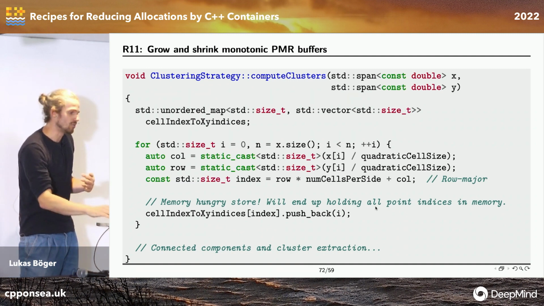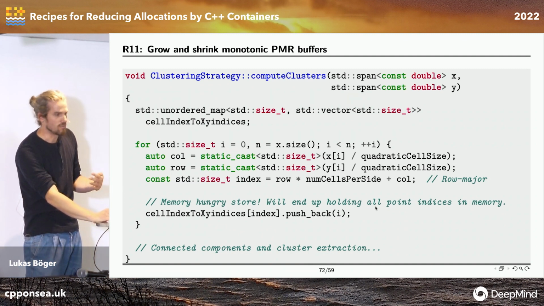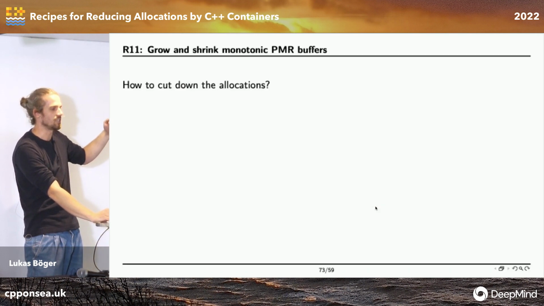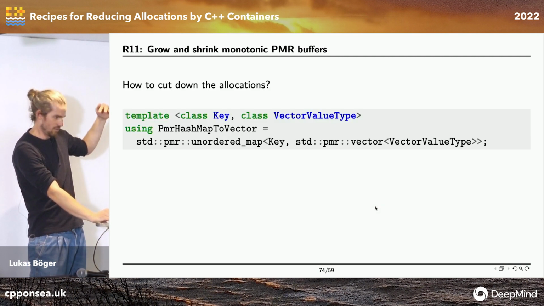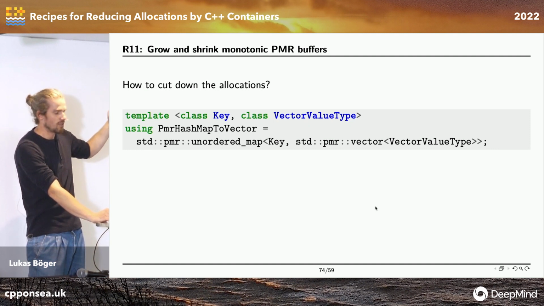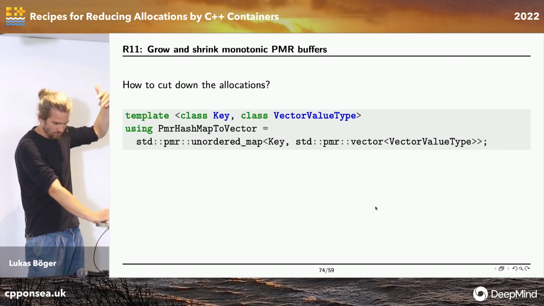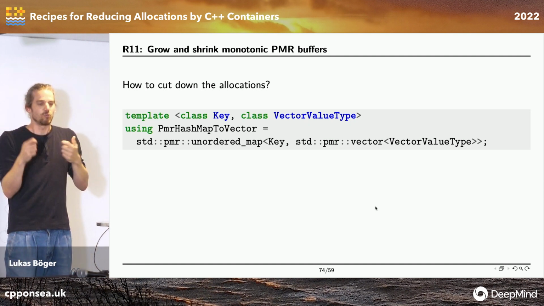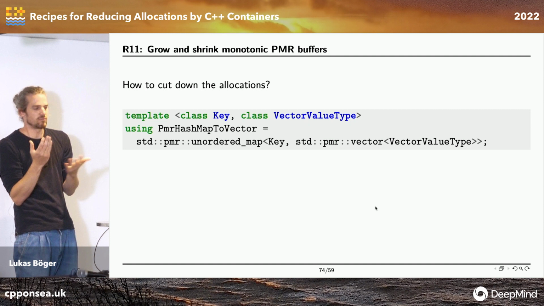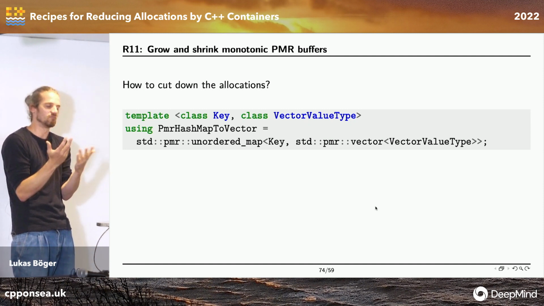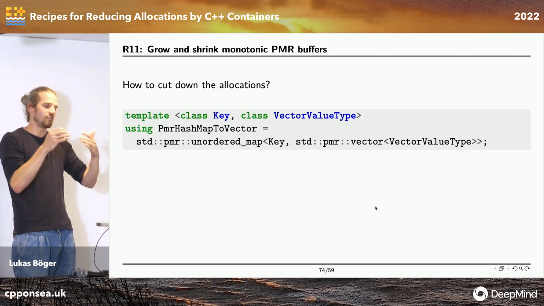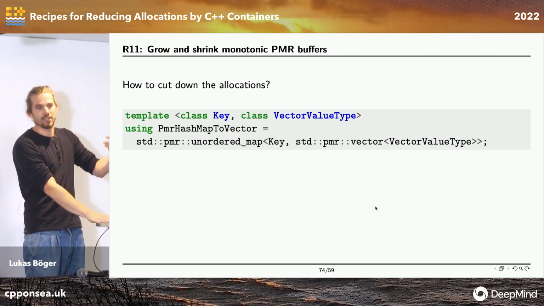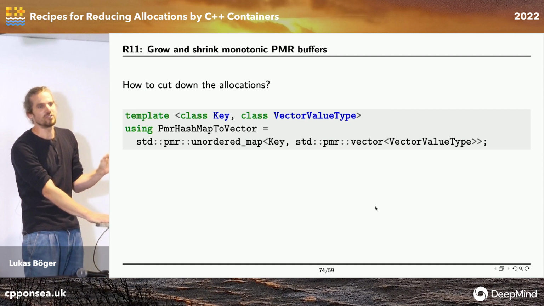So what we can do is use a custom memory resource that keeps track of how much data it allocates. Then we can implement some kind of growth strategy or just some safety factor. And then every time this clustering algorithm is called again, we will allocate as much as we believe is needed.